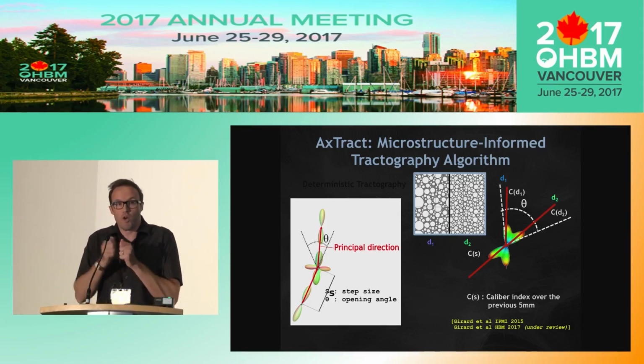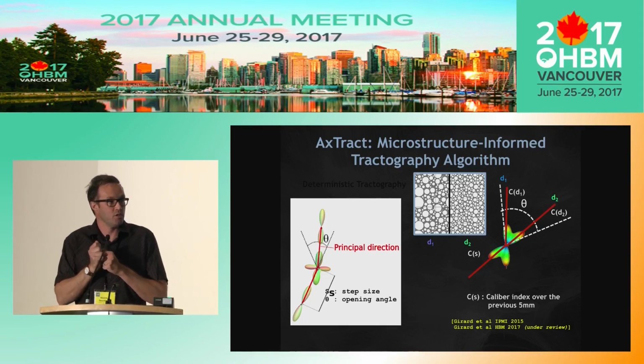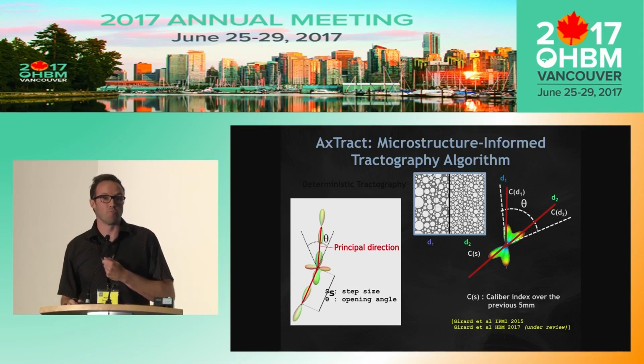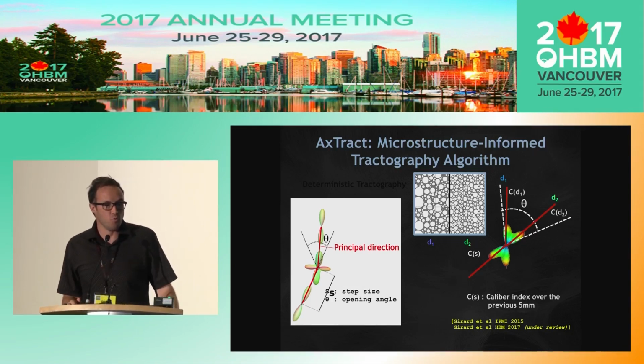We're not going to try to connect just orientations that are similar to the incoming directions, but we're going to try to connect directions that are similar in terms of orientations and caliber information. And that's the new trend and new developments going towards microstructure-informed tractography.